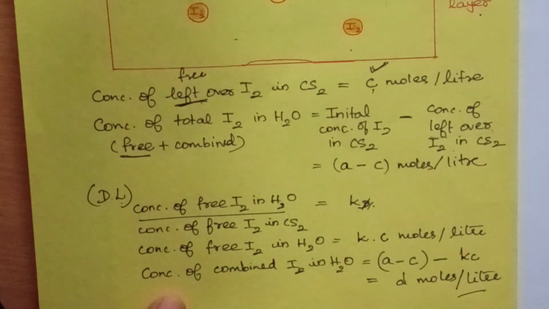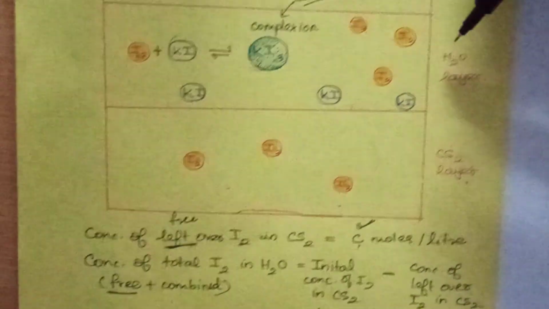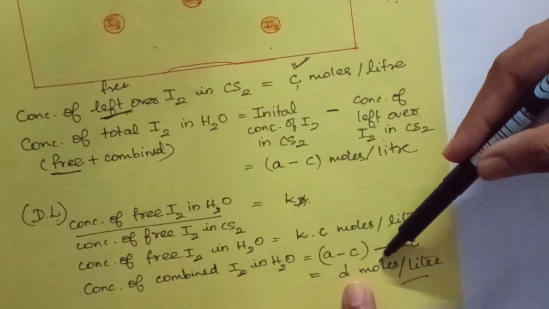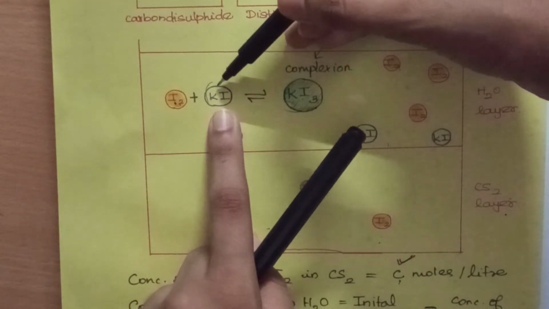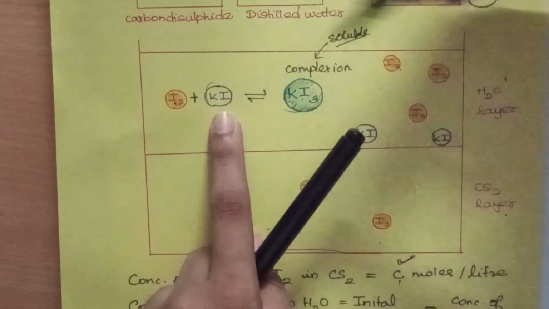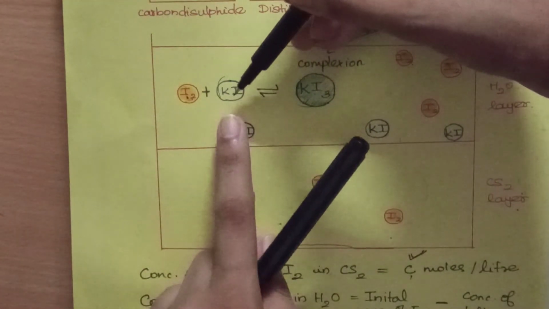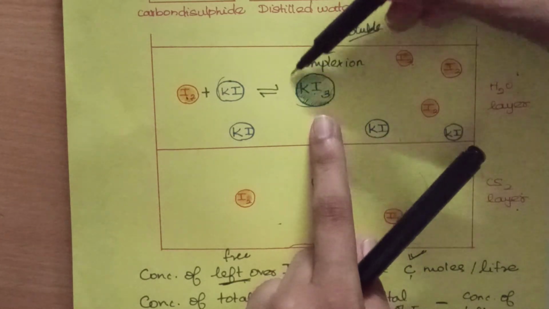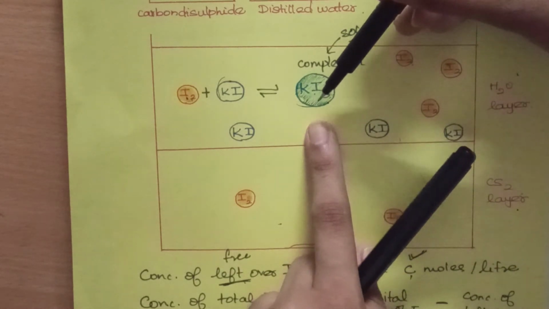So when the concentration of combined iodine in the aqueous layer is D moles per liter, the concentration of combined potassium iodide in this water will also be D moles per liter, and the concentration of the formed complex ion is also D moles per liter.